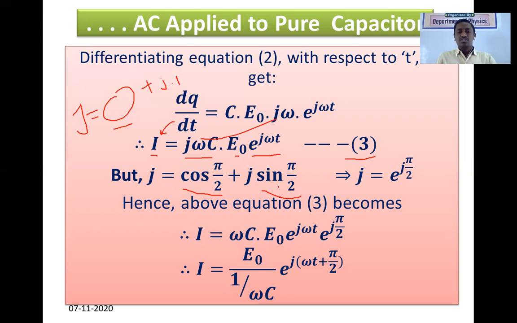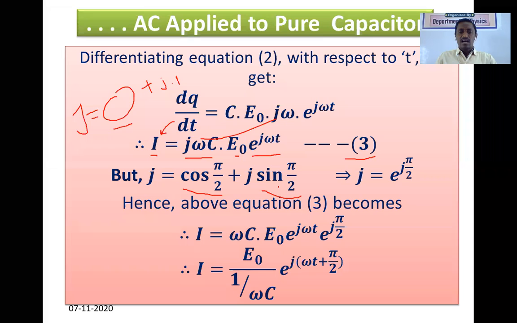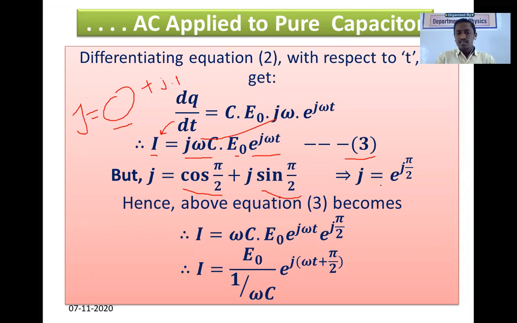We know De Moivre's theorem, as I think you have used in mathematics complex algebra: cos theta plus i sin theta equals e to the power i theta. In this case i is similar to j here, therefore j can be written as e to the power j pi by 2.